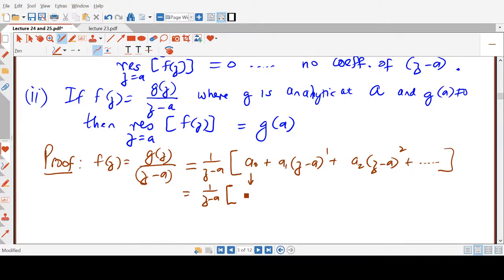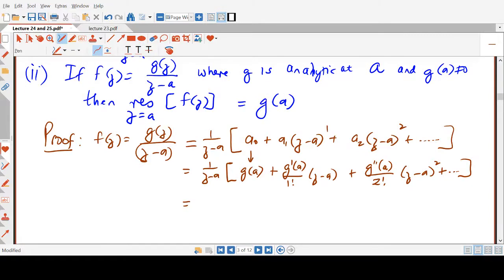A naught is actually g of A. You plug in A and you get the first term. Let's remember Taylor series. The first term is the function at 0 derivative. The second one will be g dash A over 1 factorial, times z minus A. Third one will be g double dash A over 2 factorial. This is the explicit expansion.